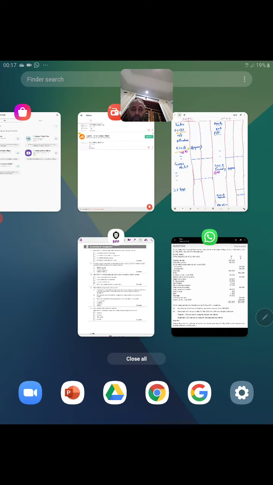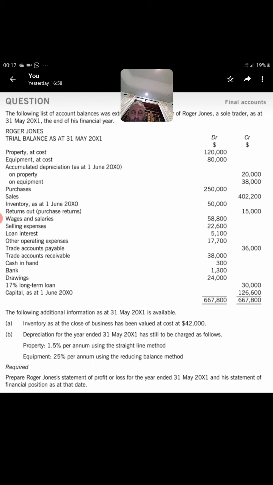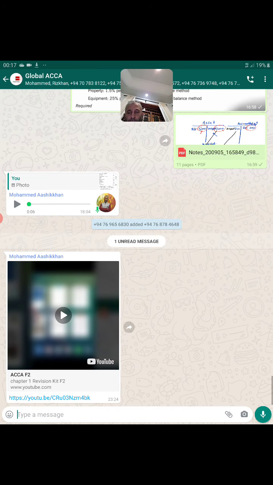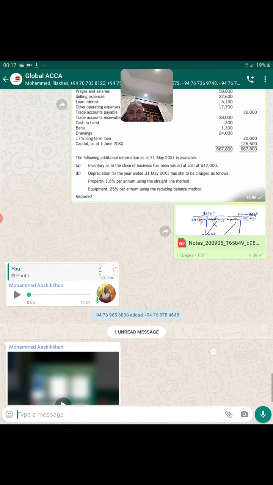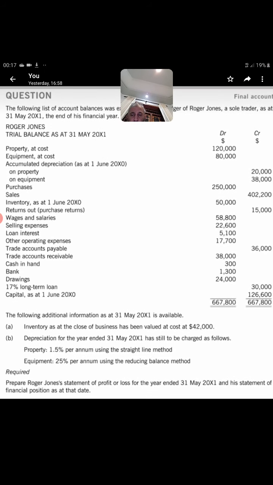Second one, depreciation for the year ended 31st May 20X1 has still to be charged as follows. They have given you property 1.5% per annum using the straight line method and equipment 25% per annum using the reducing balance method. So we will calculate that.